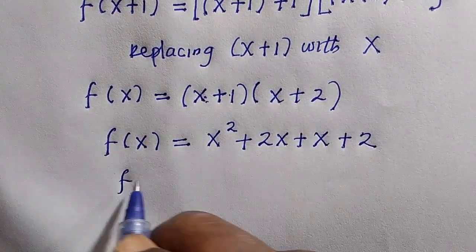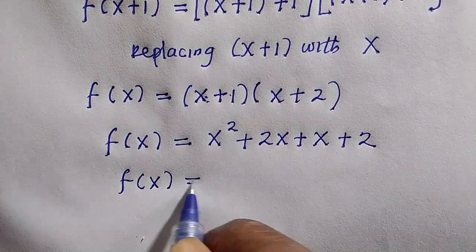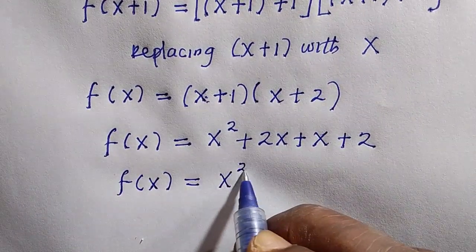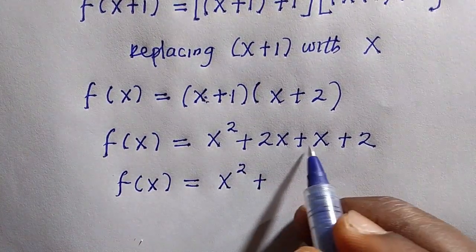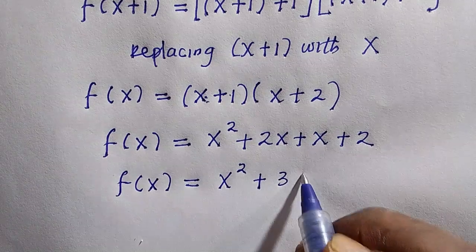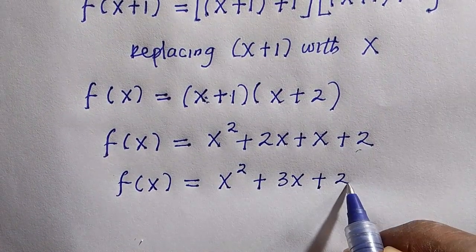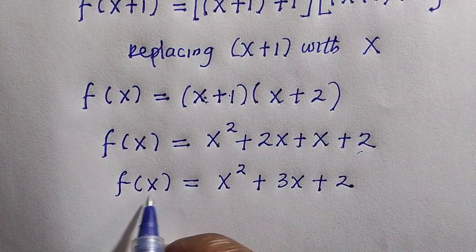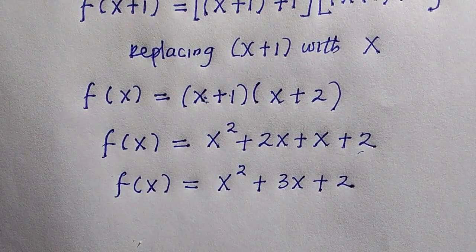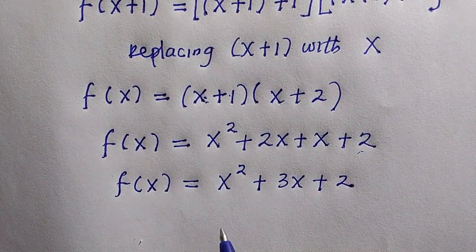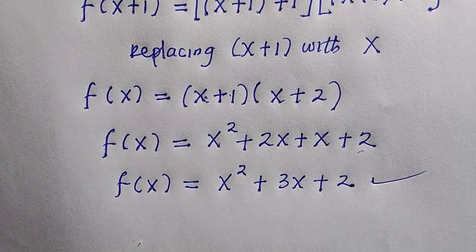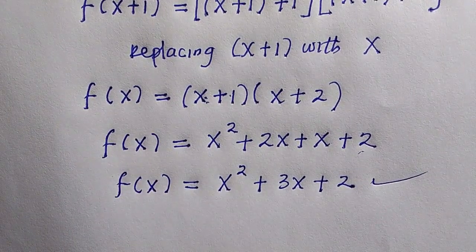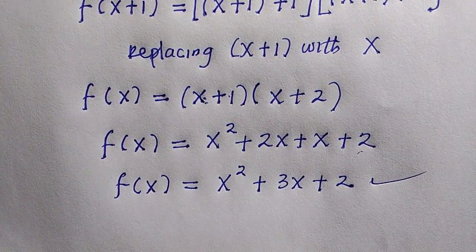So here we have f of x equals x squared plus 2x plus x, that is 3x, plus 2. So here is another quadratic function for f of x, as what we have above is f of x plus 1. So here is the result that satisfied this problem using the form manipulation method.